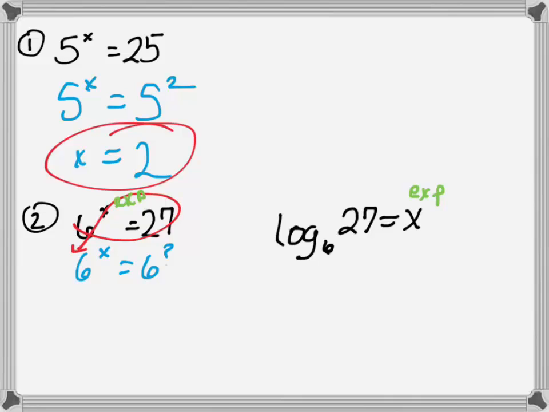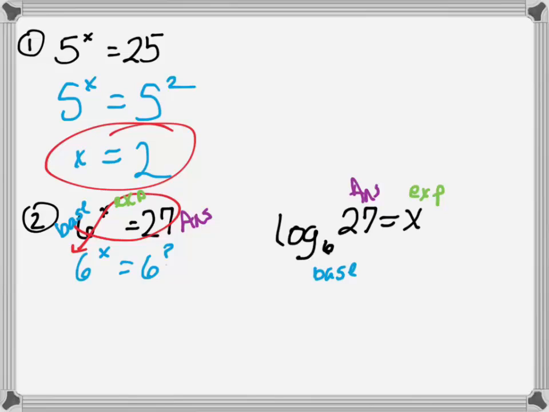The base stays as the base. So the base over here is the same base that you have here. The next spot I always call the answer spot, for lack of a better word. So that answer portion now switches spots.